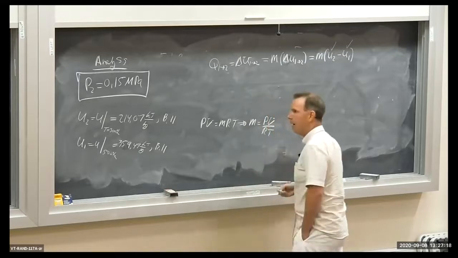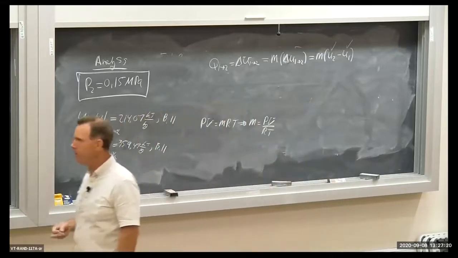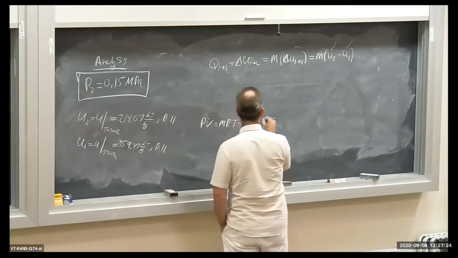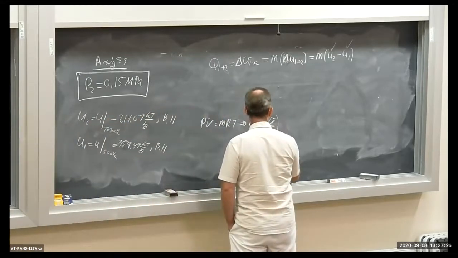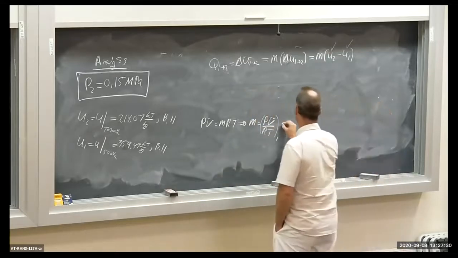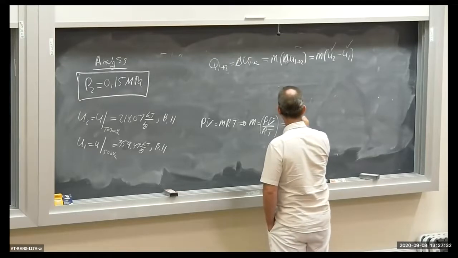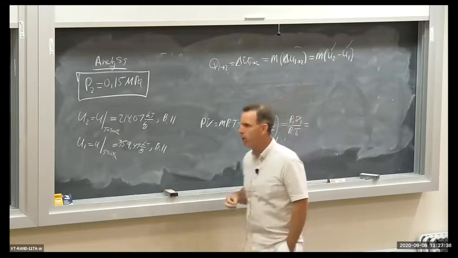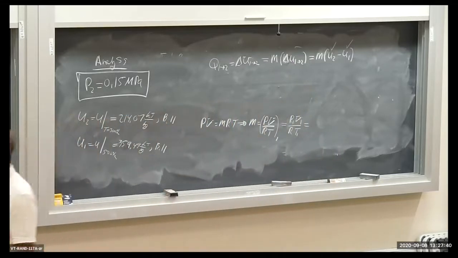Now I got the pressure, I got the volume, so let's evaluate this at state 1. So that's equal to P1 V1 over RT1. I have the pressure, the volume, and the temperature at state 1.